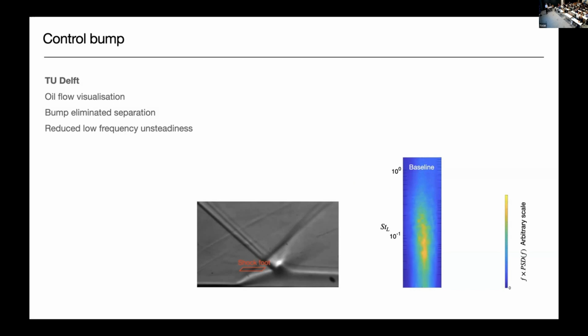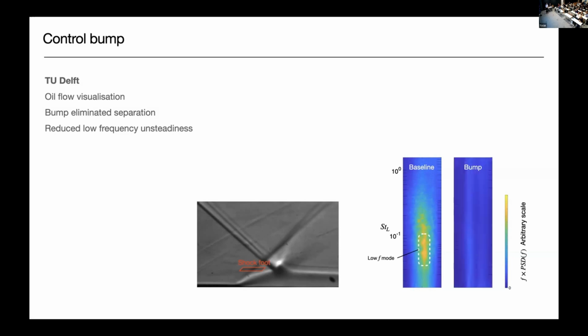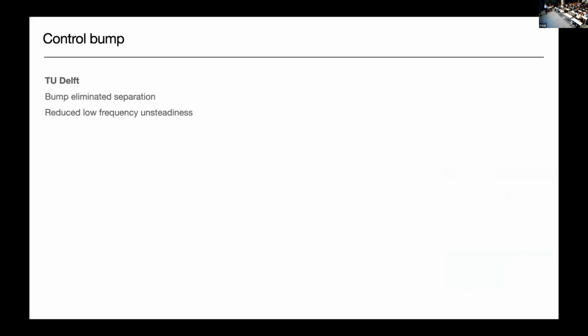This is the power spectral density with the non-dimensional frequency on the vertical axis. We quite clearly see this low frequency mode in the baseline case. But when we use the bump, it essentially eliminated that low frequency breathing. So these are quite promising results with these control bumps so far.